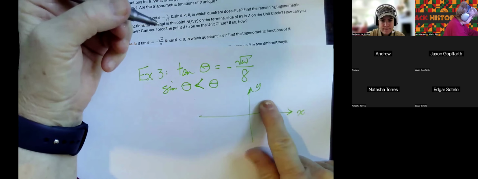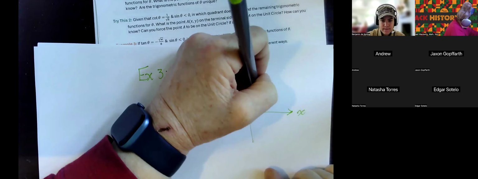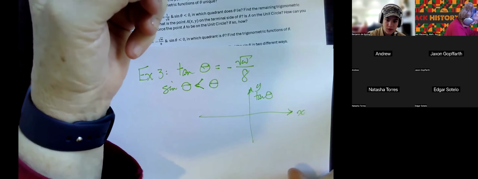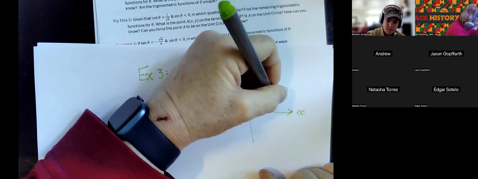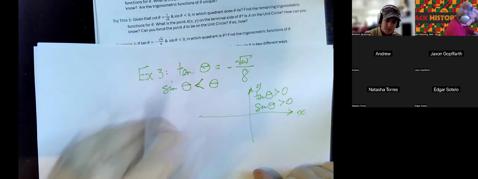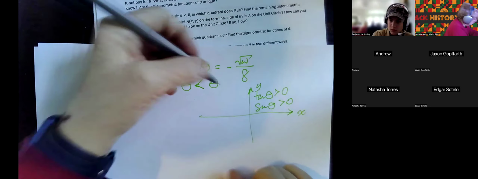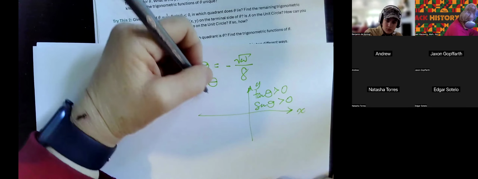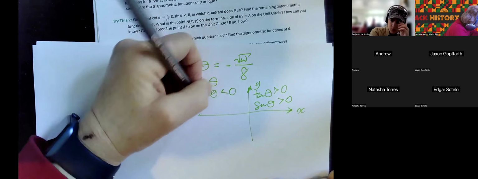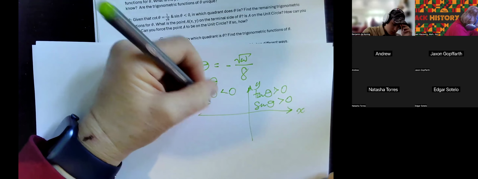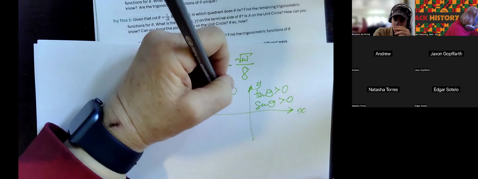Is tangent positive or negative in quadrant 1? Positive. Okay. And sine is also positive. Good. In quadrant 2, the tangent is negative, and the sine, positive.